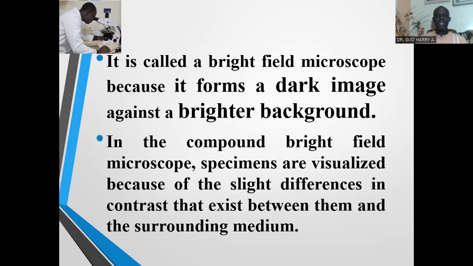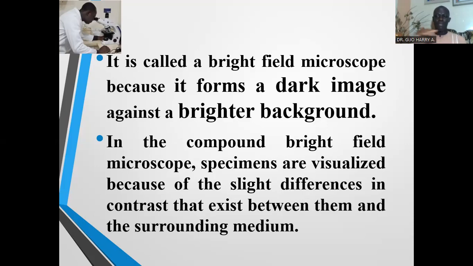It's common in secondary school laboratories, university laboratories, and even in some primary schools. It is called a bright field microscope because it forms a dark image against a brighter background.